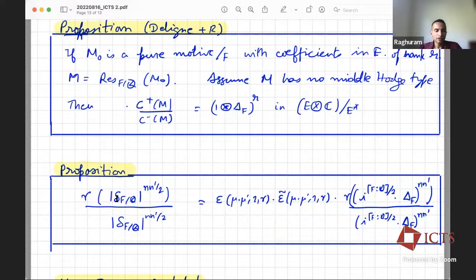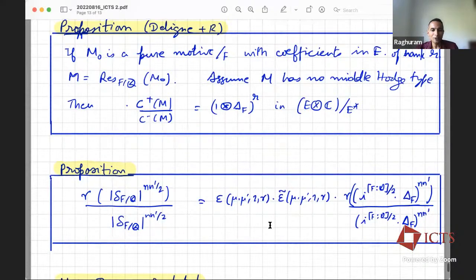The discriminant term which appears as a multiplier in the ratio of L values for me, the gamma conjugate of the discriminant divided by that power of the discriminant, is equal to this painful product of signatures times a gamma conjugate of a power of i times delta F to some power. Every term here is plus or minus 1: the left-hand side is plus or minus 1, each of the epsilon and epsilon tilde is plus or minus 1, and this last quantity here is plus or minus 1. So one had to prove an equality of signatures. And this just drove me nuts all through the pandemic. Proving this proposition has taken me more than a year, almost 2 years.